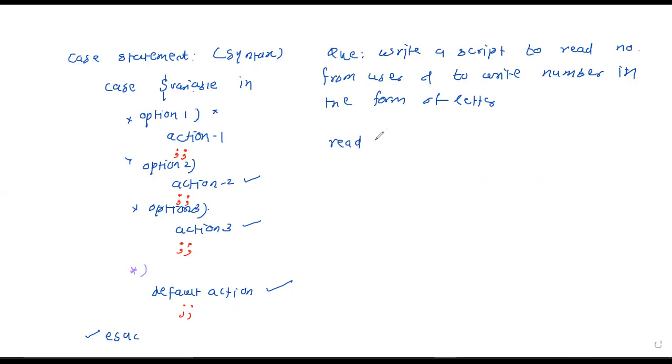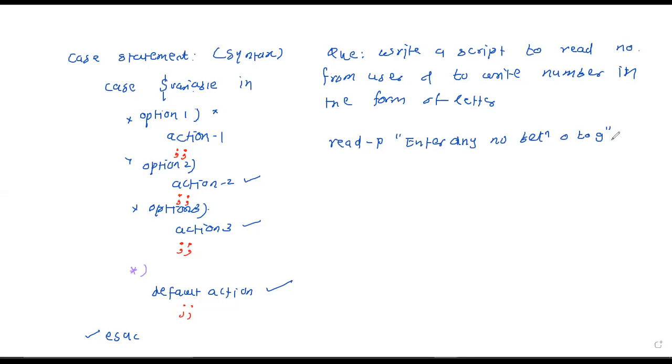So here we write read -p, and in double quotes we write, enter any number between 0 to 9. Okay, so we echo, enter any number between 0 to 9.